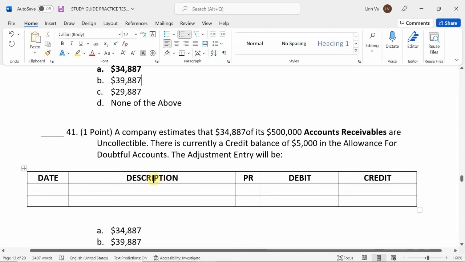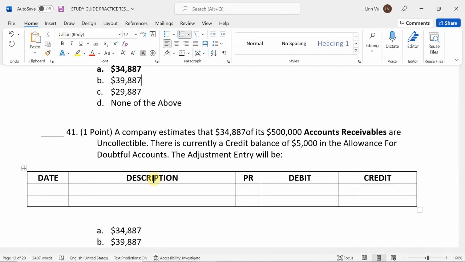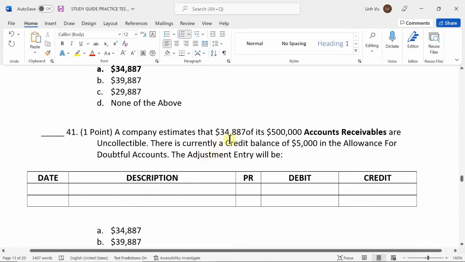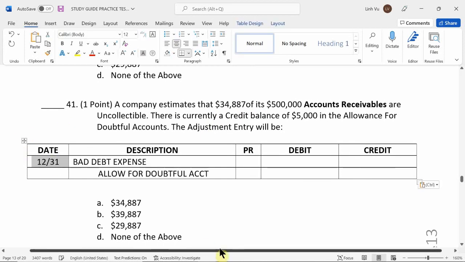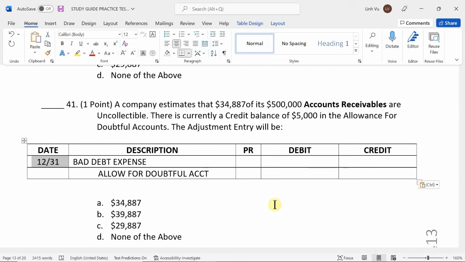But what if a company estimates that 34,887 of its 500,000 accounts receivable is to be uncollectible, and there's currently a credit balance? What do you do there? You subtract it. Yes, because right now we're already on the credit side in the allowance for doubtful accounts. I need to get to 34,887, right?